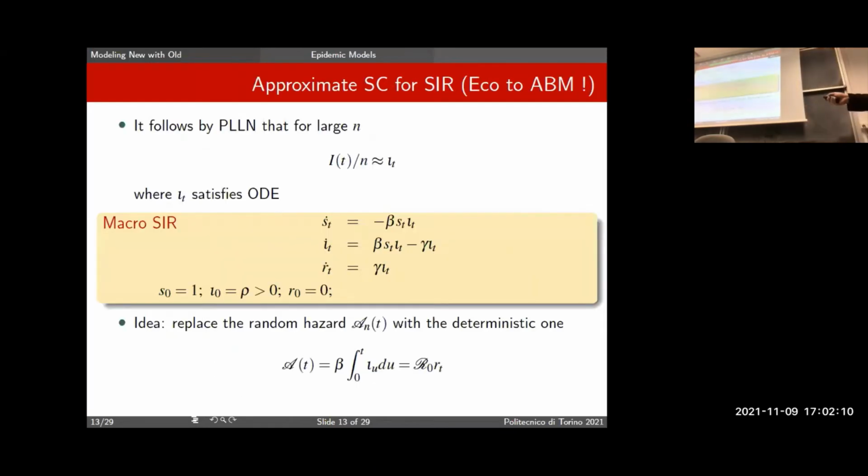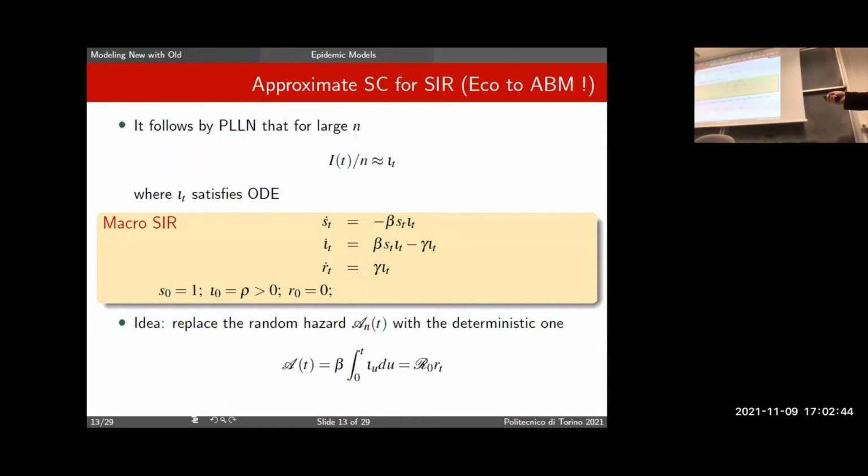So what we did, we replaced this by a deterministic function. We took I over n, where I was the cumulative number of infections, divided by n, and it turns out that by the appropriate law of large numbers, a well-known fact from chemical reaction theory, this quantity converges to a deterministic function. This deterministic function is not explicit, it's given by a differential equation, but this differential equation is very simple. It's one of the simplest nonlinear differential equations, the so-called SIR equation.